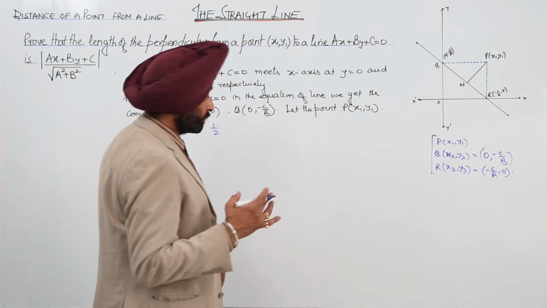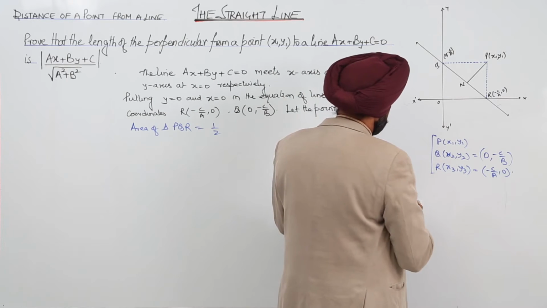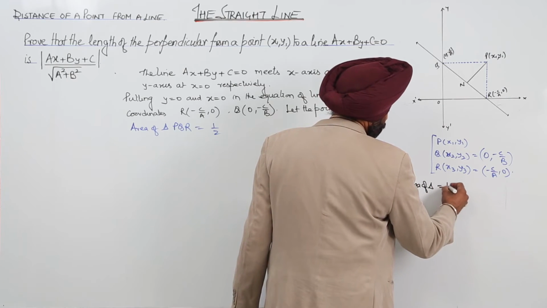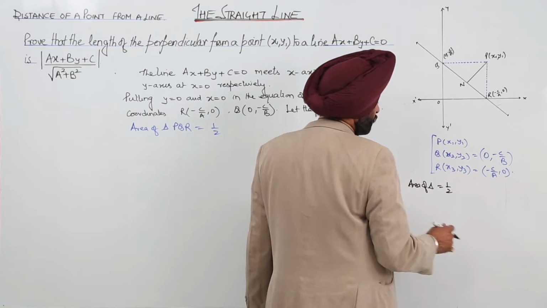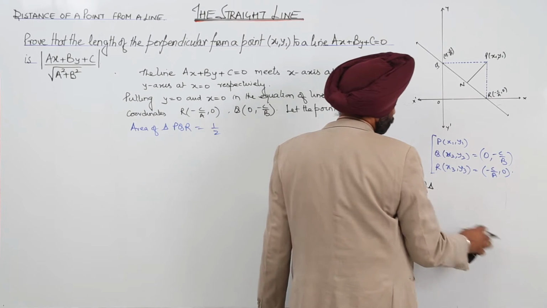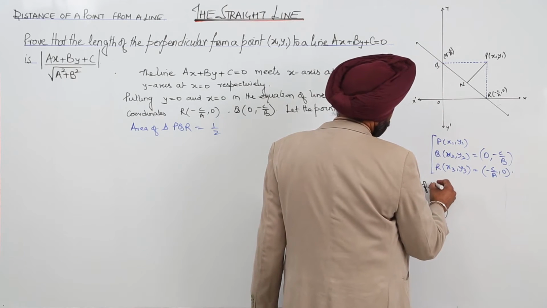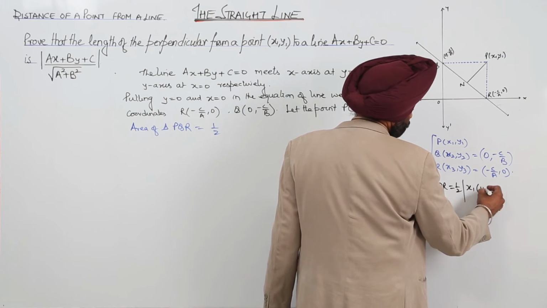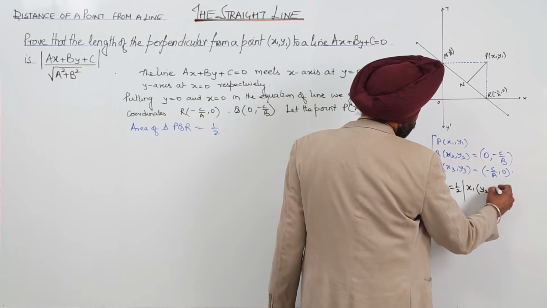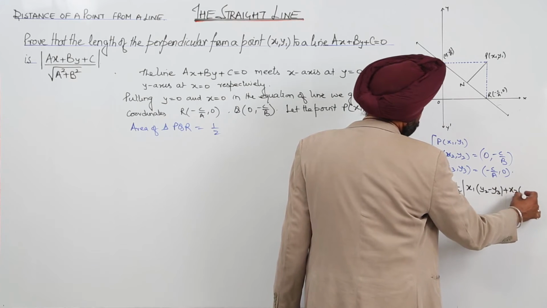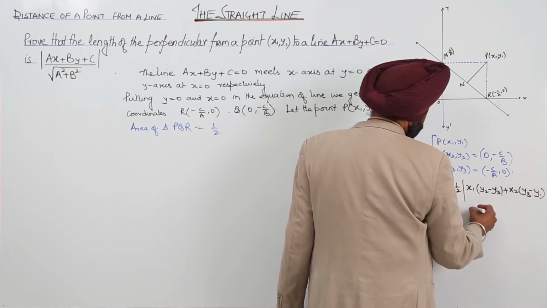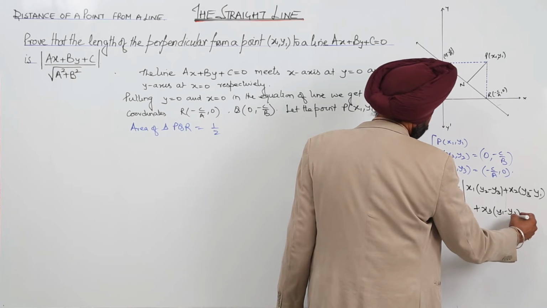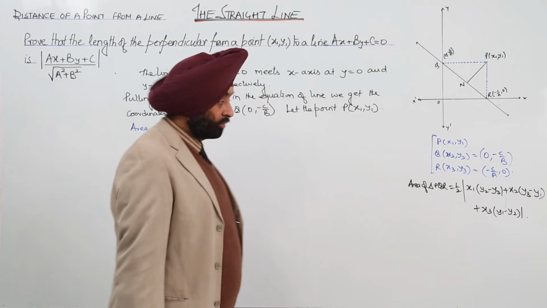Now the formula which we are going to use: area of triangle PQR is equal to half x1 (y2 minus y3) plus x2 (y3 minus y1) plus x3 (y1 minus y2). So this is the formula which we are going to use here.